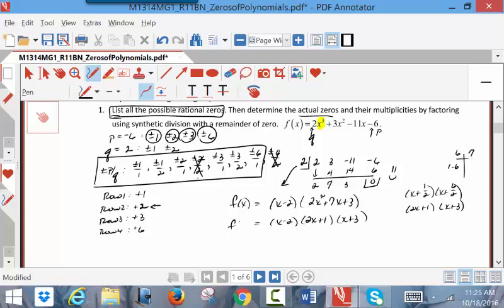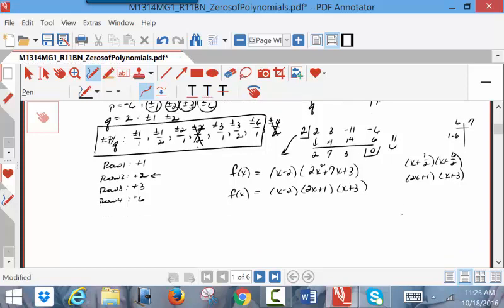Okay, so now f of x is fully factored. So now to find the zeros, I set each of these factors equal to 0. I set each one equal to 0, and so I get a 2, a negative 1/2, and a negative 3.